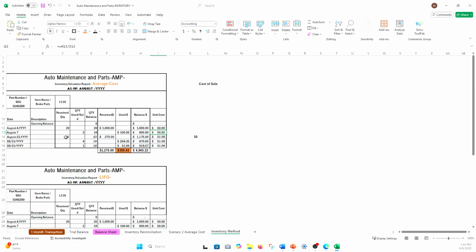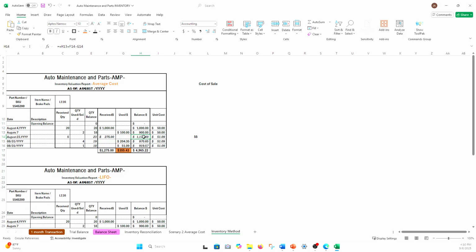In here, we purchased 5 units. Each unit is $55 because 55 times 5 is 275. So when we added up the 275 to 900, it gives me $1,175.